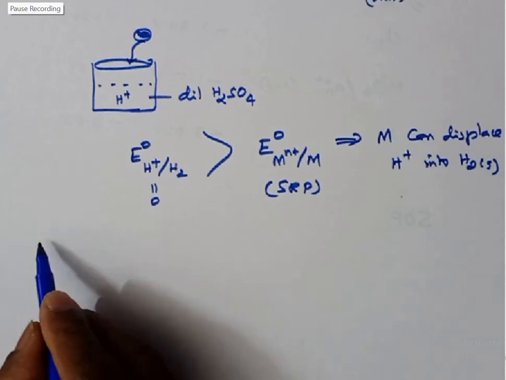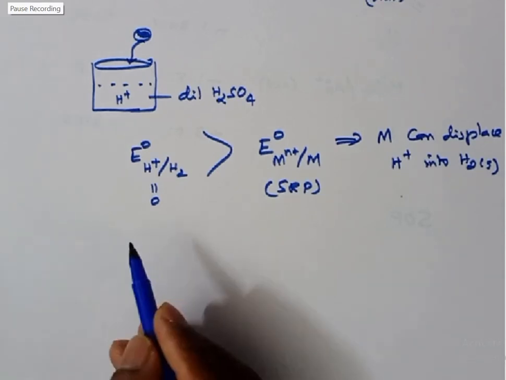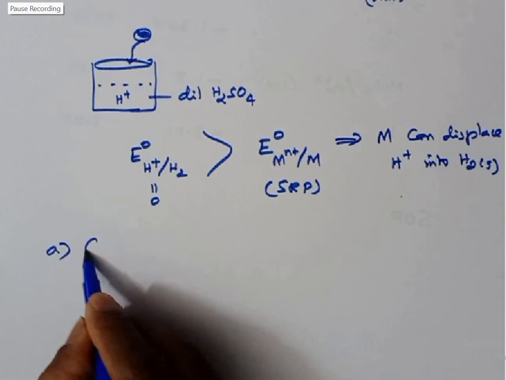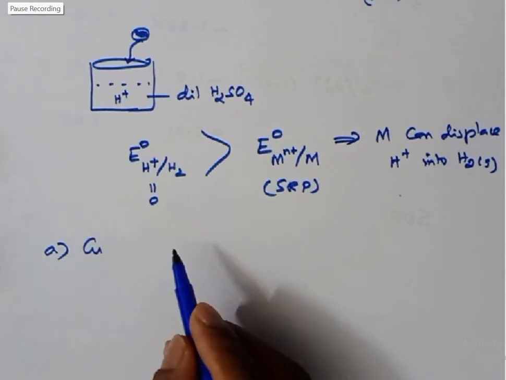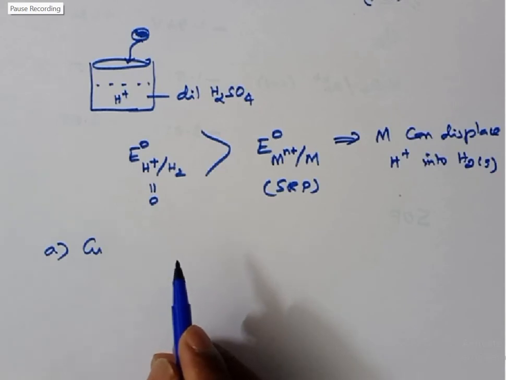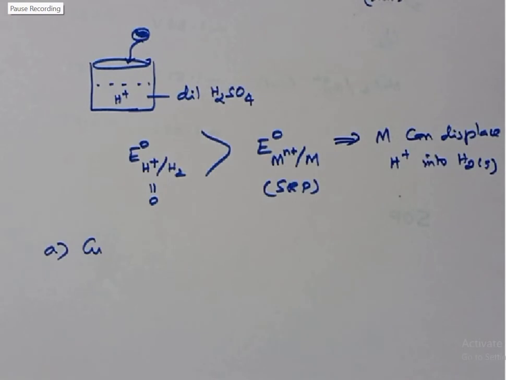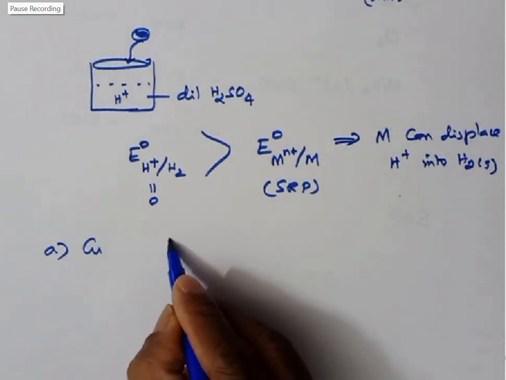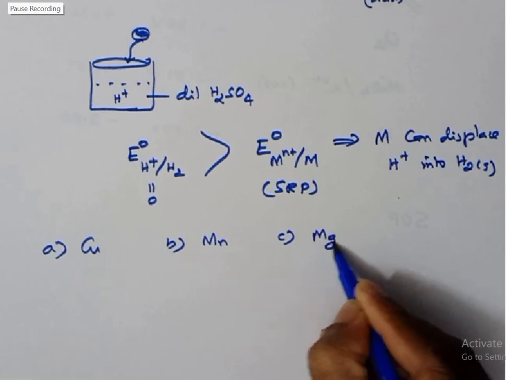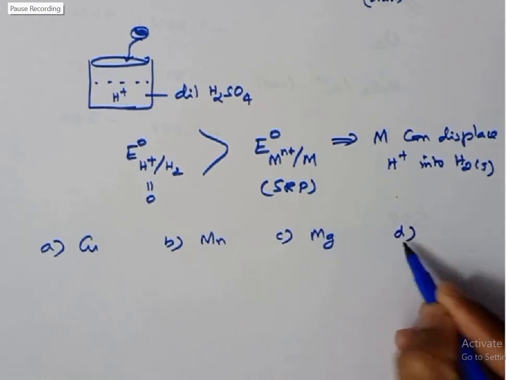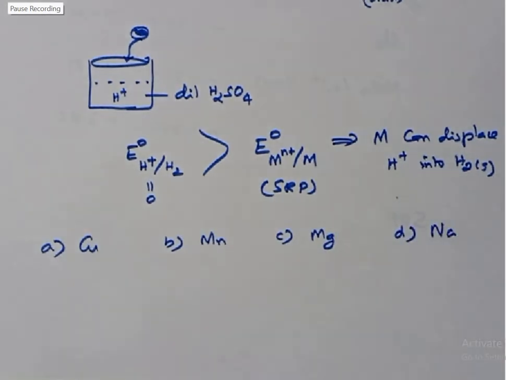I'll take dilute sulfuric acid. Among the four, you try to tell me which one can displace H plus into hydrogen gas. Let me give a few metals: copper, manganese, magnesium, and sodium.